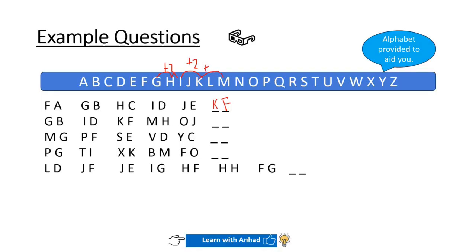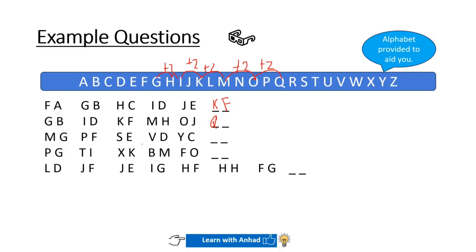So you obviously know now the sequence is +2. And then M to O is +2. So then O +2 would be equal to Q. So the answer for our first letter is Q.